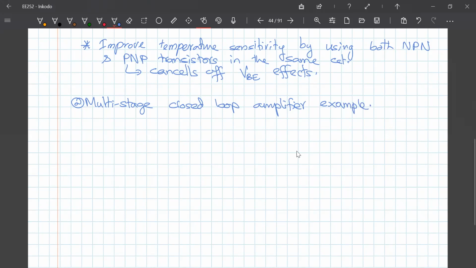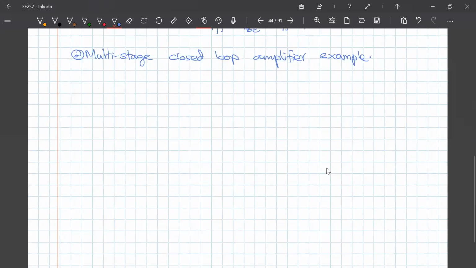Okay, so in this case, let me first have a common emitter stage like this, right? And the second stage of common collector, but this is going to be, so this first one is a common emitter, second one is a common collector, and also the second stage is a PNP transistor.